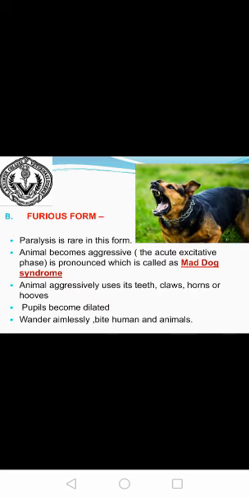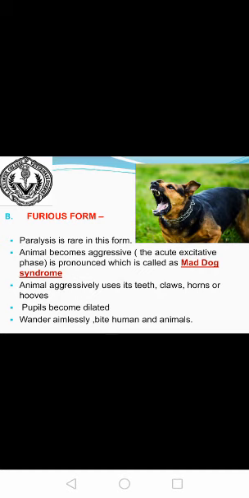Clinical findings. It is of 3 forms. The first form is the prodromal form, where the animal will be having slight fever, vomiting, and anxiety. The second form is the furious form, where paralysis is rare and animals become aggressive.